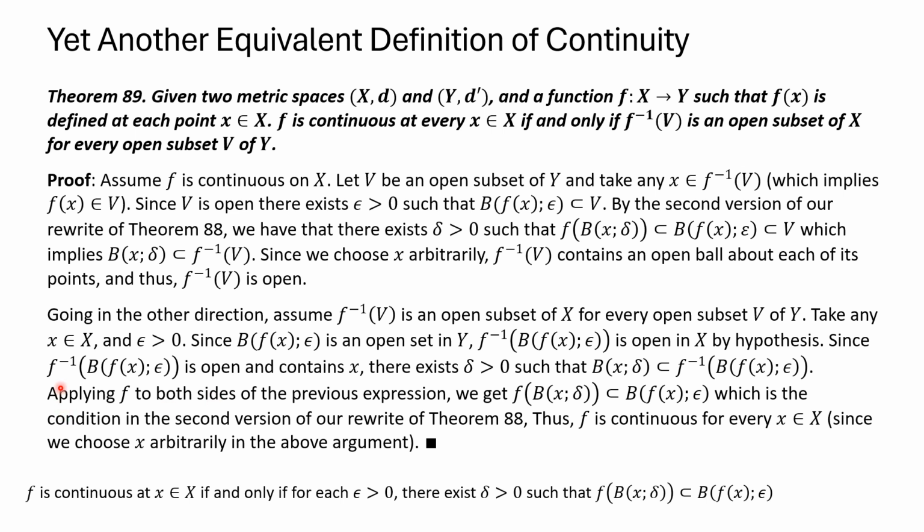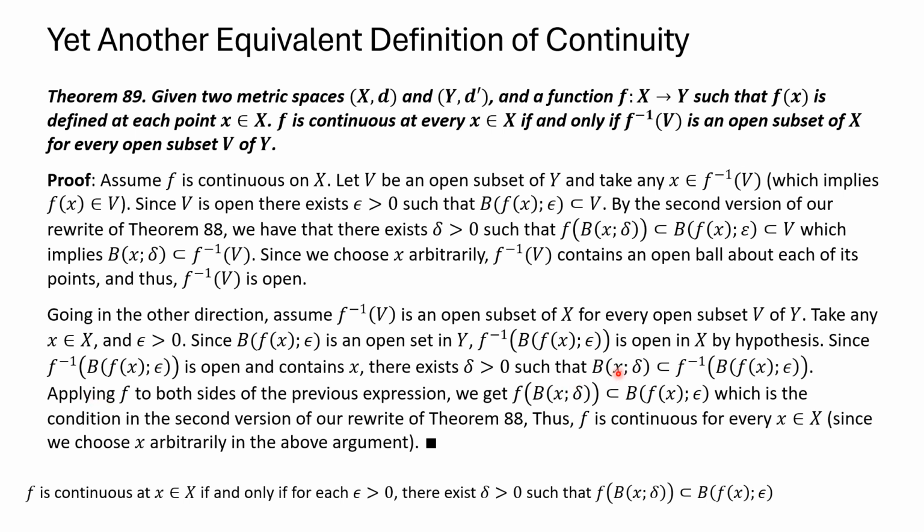Since f inverse of the open ball about f of x of radius epsilon is open and contains x, there exists some delta greater than 0 such that the open ball about x of radius delta is a subset of f inverse of the open ball about f of x of radius epsilon.